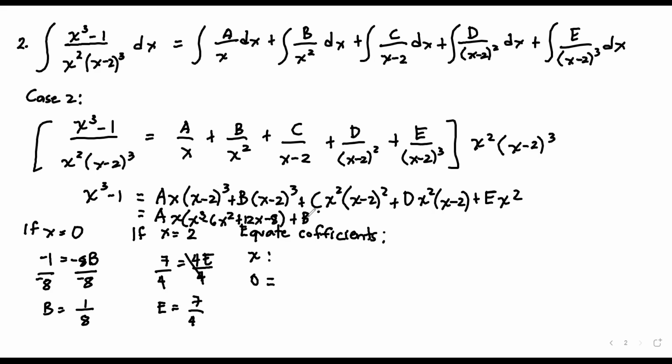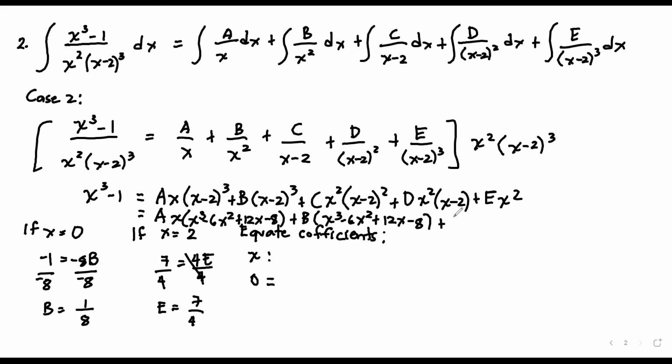Plus b, cube of x minus 2. So that is the same, right? x cubed minus 6x squared plus 12x minus 8.